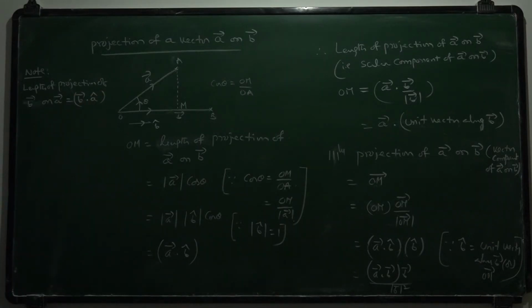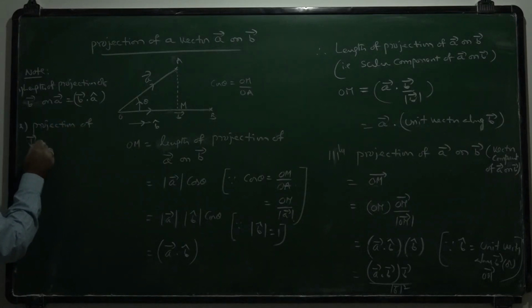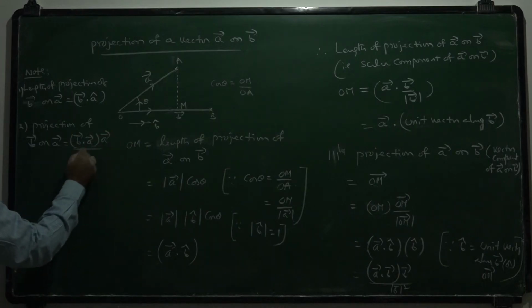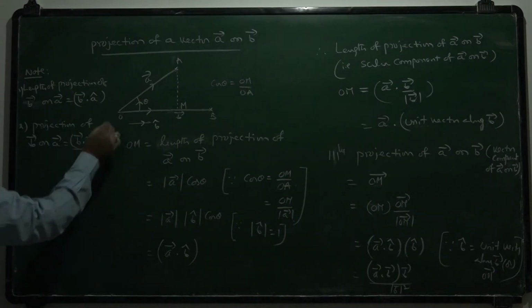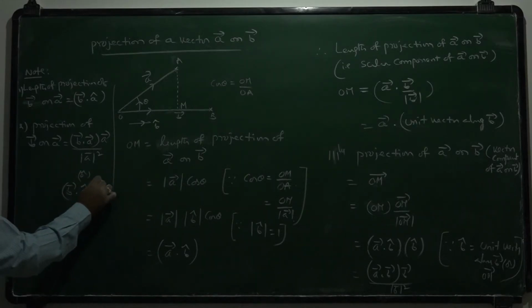Instead of length, I am just using projection, which means a vector. Projection of B bar on A bar is given by B bar dot A bar multiplied by A bar by modulus of A bar square, or B dot A cap multiplied by A cap.